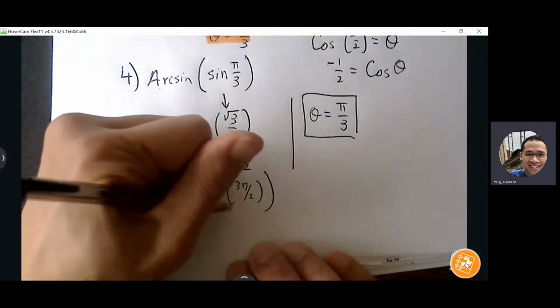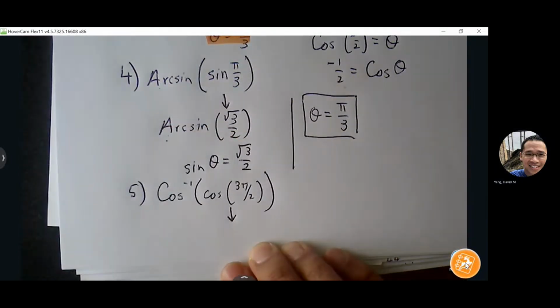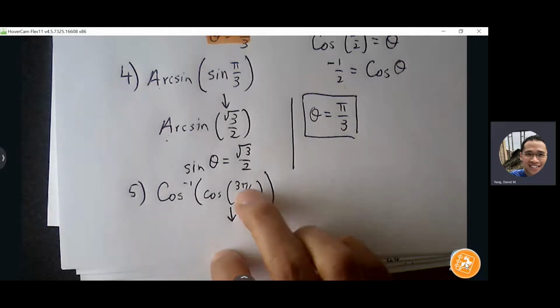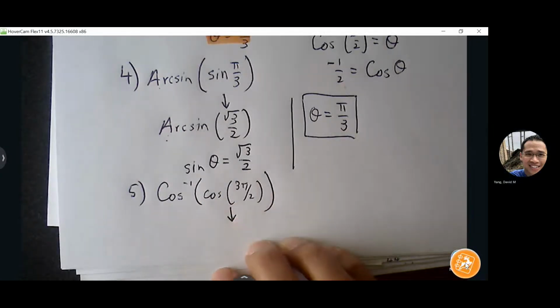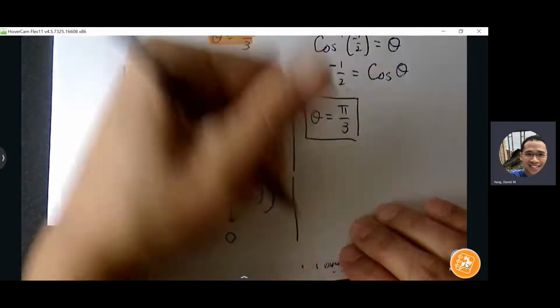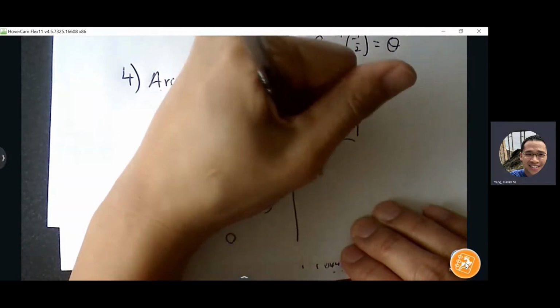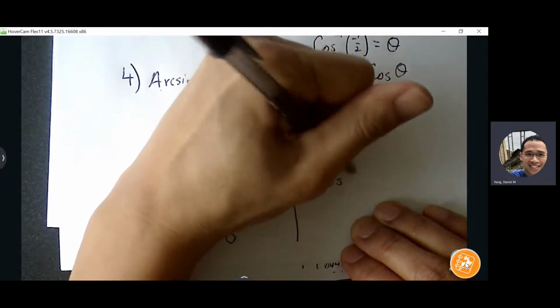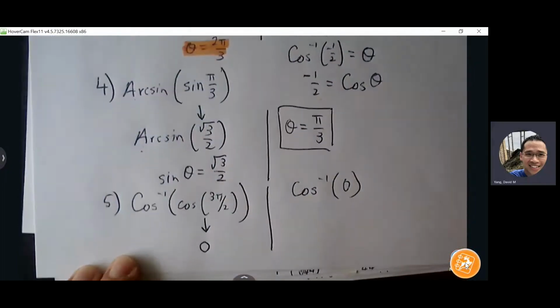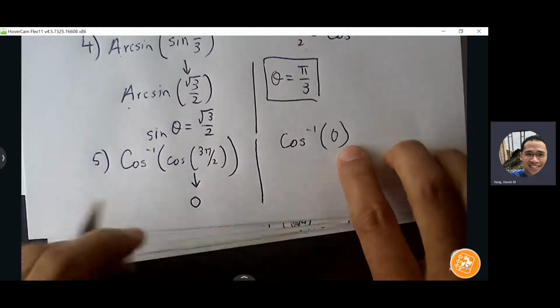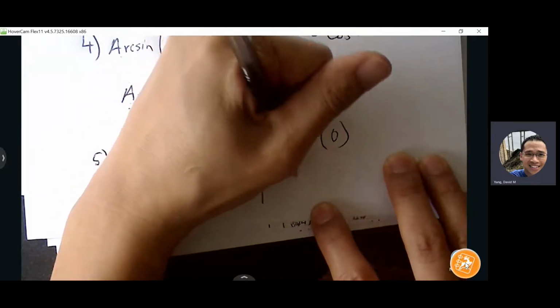Okay, so let's start inside here first. Cosine of 3 pi over 2, what's that equal to? 0, yeah. So now we're going to do arc cosine of 0 or inverse cosine of 0. In other words, cosine of what angle measure is equal to 0 or what radian measure is equal to 0.